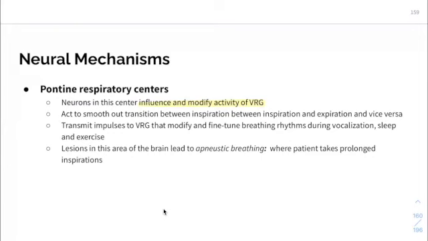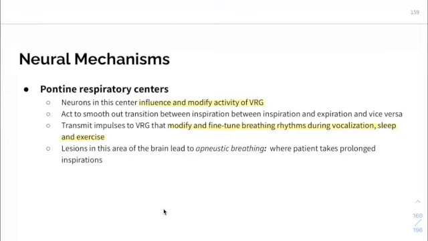The pontine respiratory centers help with your voice, your speech, sleep, and when you exercise, because when you exercise you're usually breathing heavier than at rest. So that pontine respiratory center helps take over and control a lot of that.